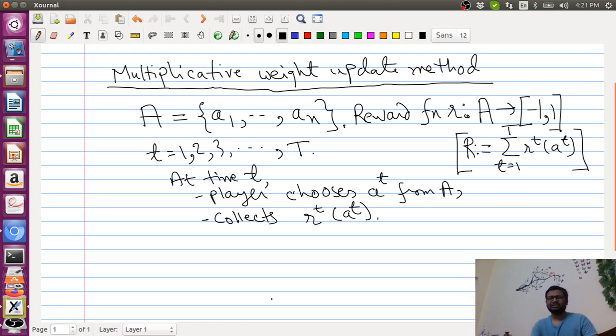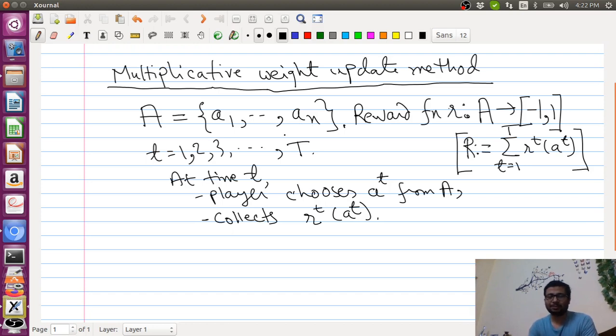And this choice of A^t from A can be probabilistic. So the player, we'll assume, has access to some source of randomness, and the player can use randomness to make this choice. So a randomized player can equivalently be thought of as choosing a mixed strategy instead of a pure strategy.